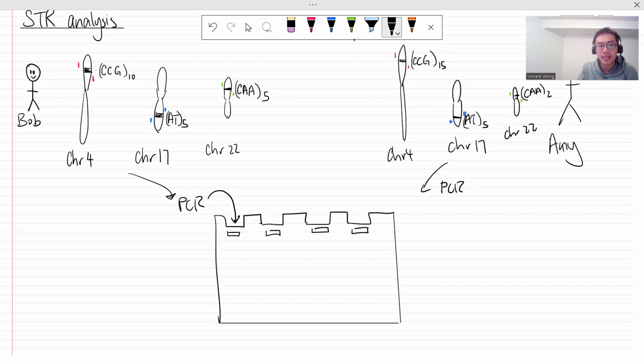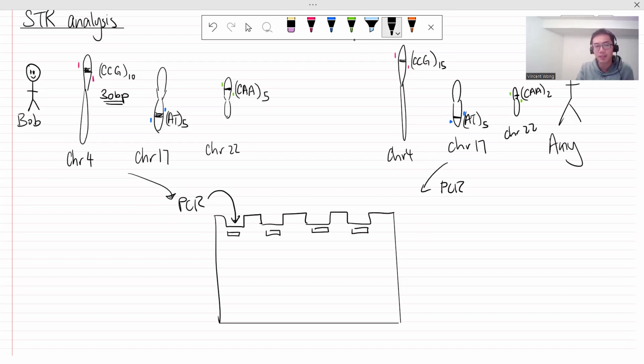CCG repeated 10 times. How many base pairs is that? It's 3 times 10. If you just keep on counting, CCG, CCG, it's 3 times 10. So that's 30 base pairs. How about over here?